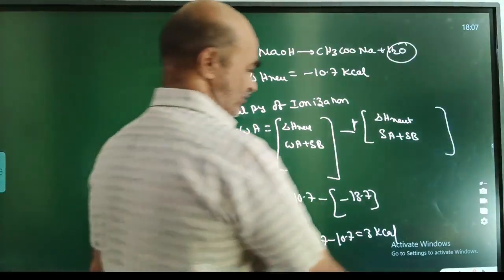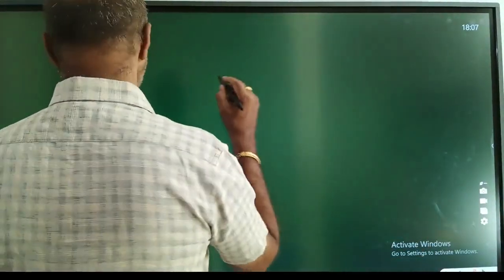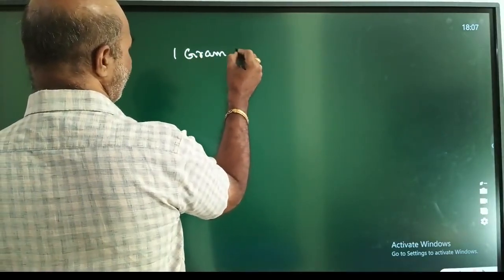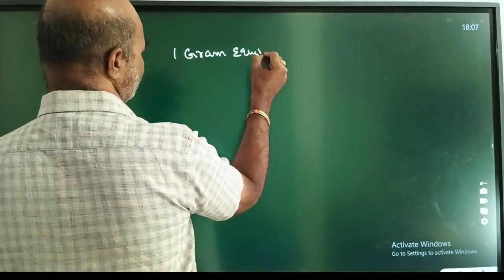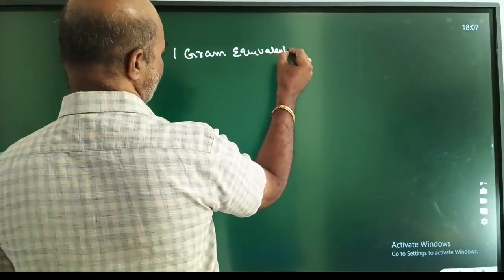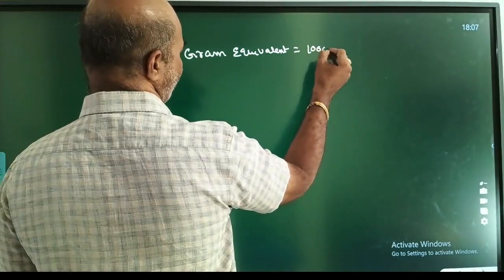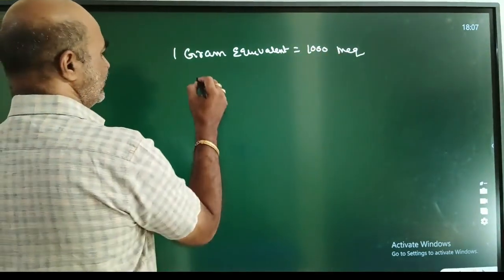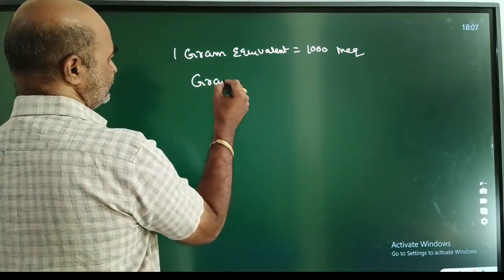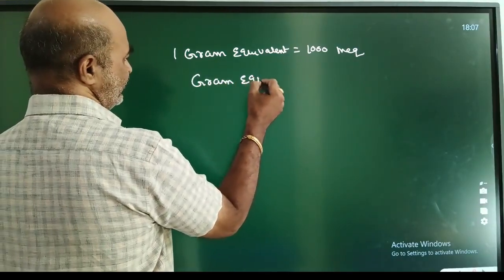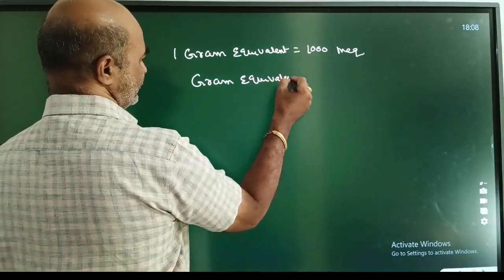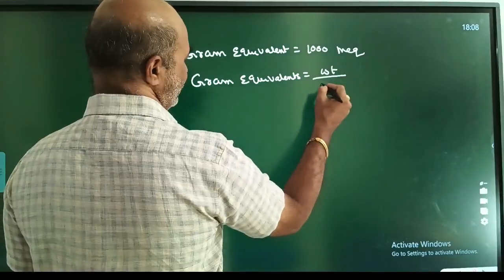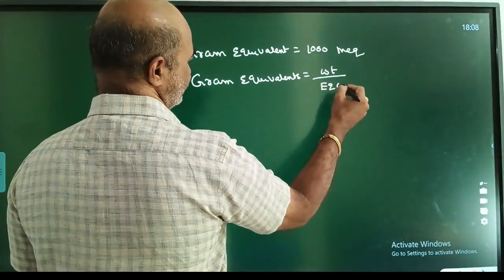Next. 1 gram equivalent is equal to 1000 milliequivalents. Gram equivalents is equal to weight divided by equivalent weight.